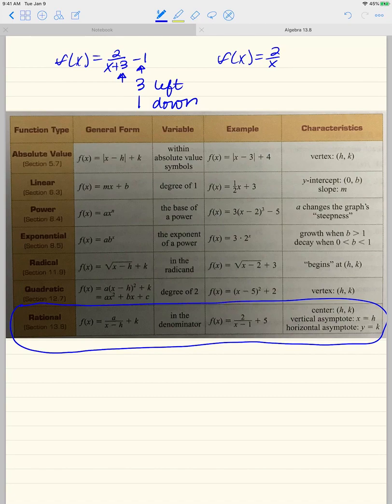So this is going to be the key for chapter 13, where we have a general form of a function, f of x is equal to a over x minus h plus k. The variable is in the denominator. There's an example, and then we always have these characteristics where the center is h, k, the vertical asymptote is x is equal to h, and the horizontal is y is equal to k.